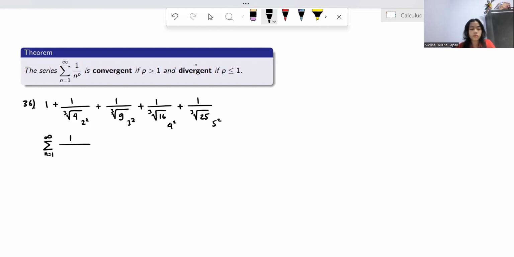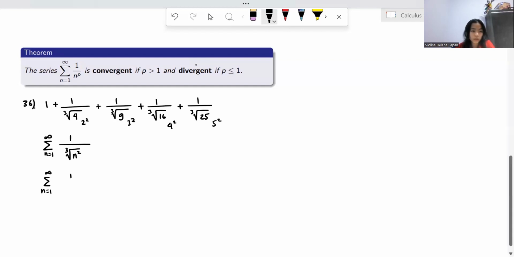So we can just write down the cube root of n to the power of 2. So we just need to change the denominator. We need to change this cube root form into the fraction form.